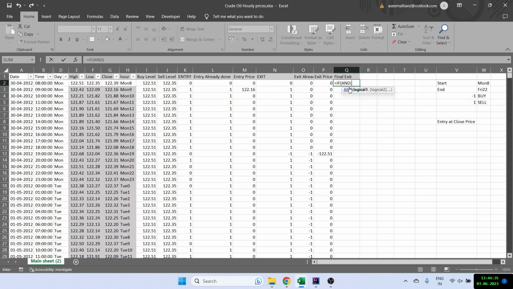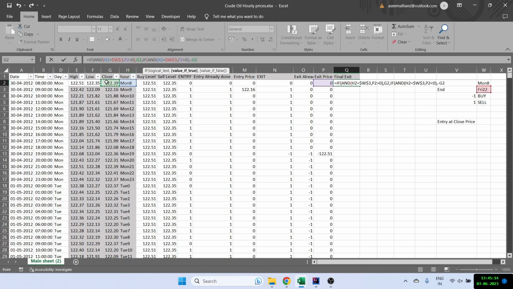So if the current row is the last row, basically this is only applicable for the last row, then in that case, if my final exit is greater than 0, that means I have to go for a positive closing G2, or if this is equal to the last row again, but this time if it's the negative number, so if my exit is less than 0, that means I'll have to go for a minus closing price.